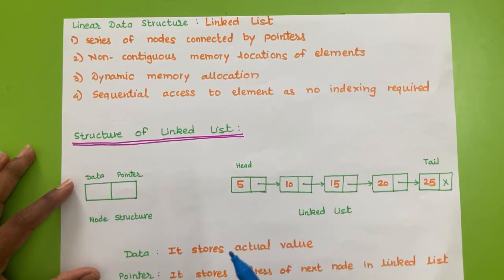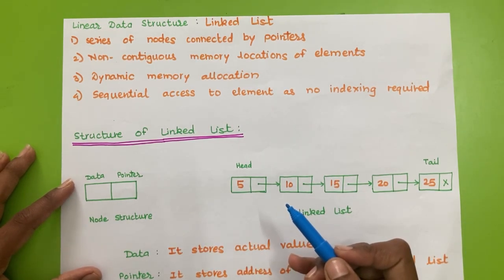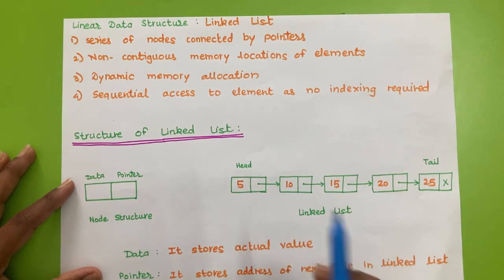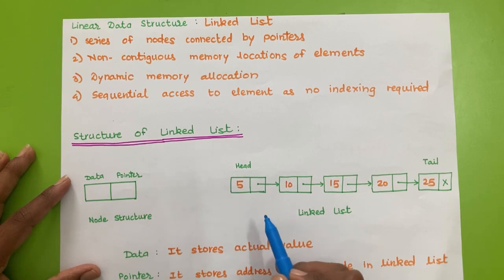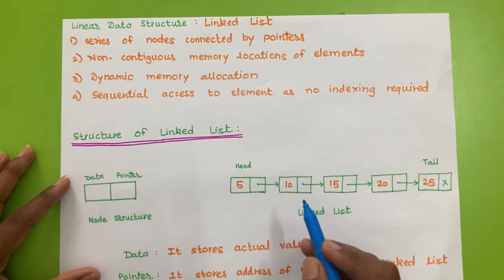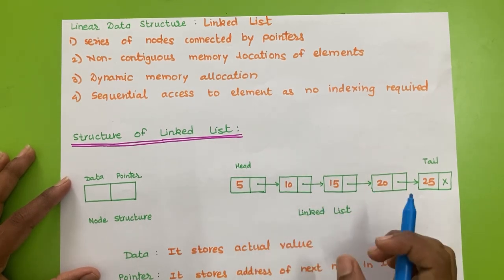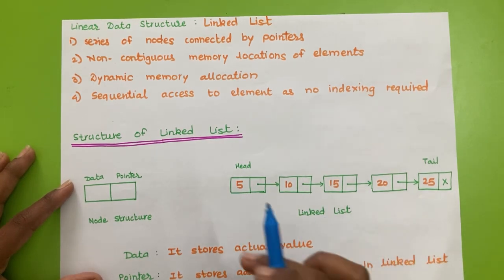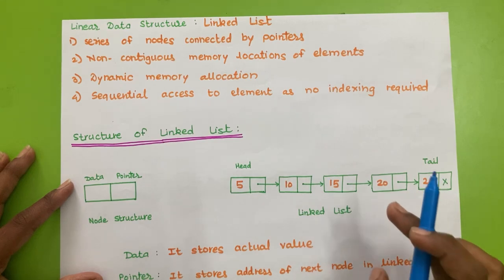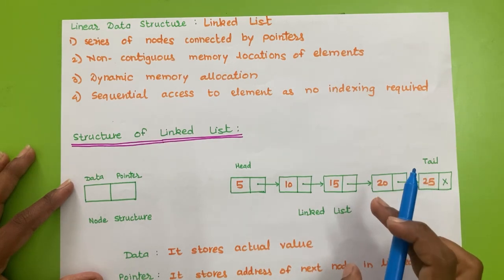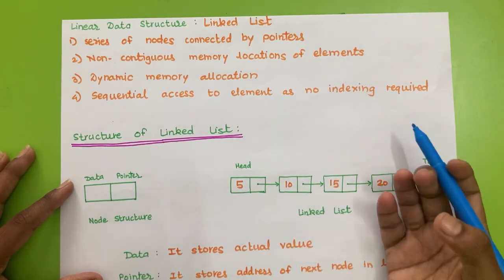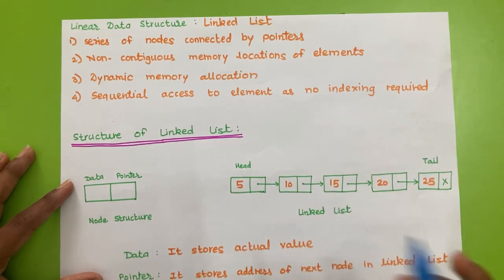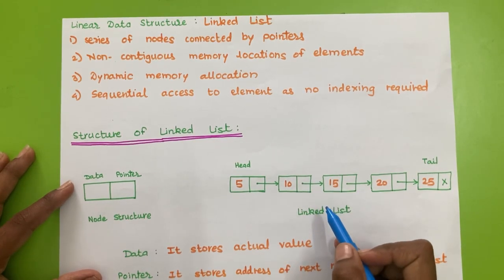As and when required, the number of nodes can be added in the linked list. That's why it is called dynamic memory allocation, and that is quite helpful for efficient use of memory also. But in the case of arrays, we have to allocate the memory for all elements first and then enter the elements one by one in the array.